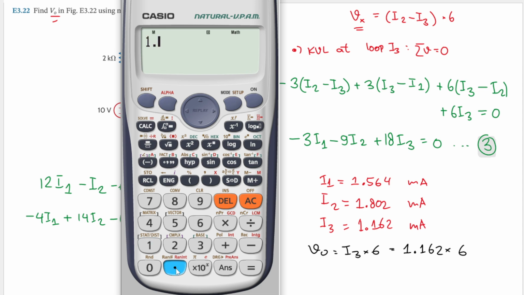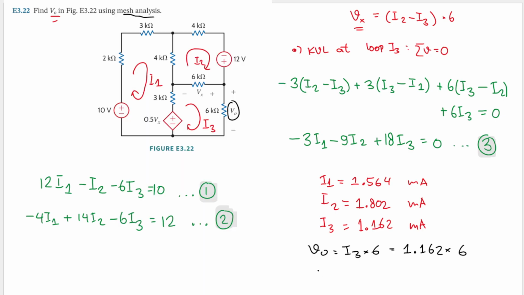So we'll have 6.97. So V0 is equal to 6.97. And the unit, because this 6 is kilo ohm and this one is milliampere, the unit is volt. And this is the final answer for this question here.